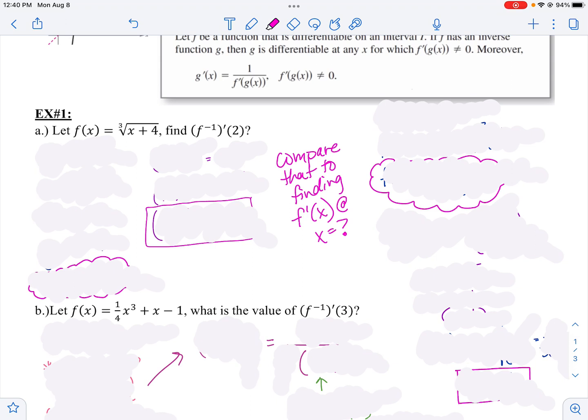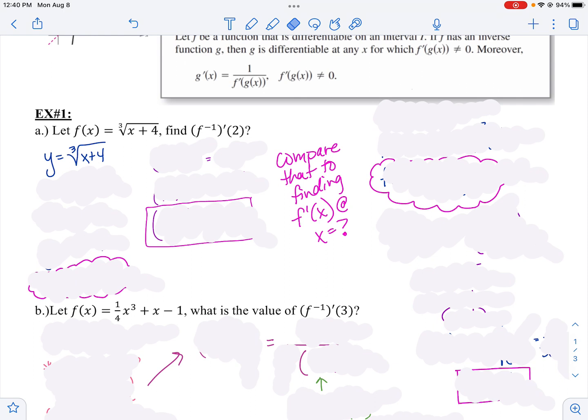So if we have the function f and we can find the inverse function, then we can find the derivative and plug in 2, just like we've been used to. Remember that we can find the inverse of a function by switching its x and its y.